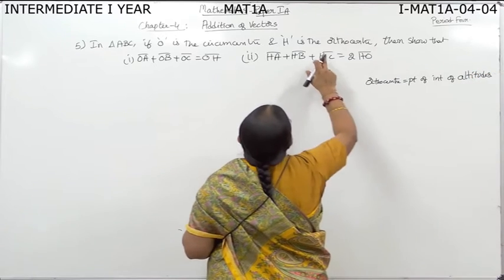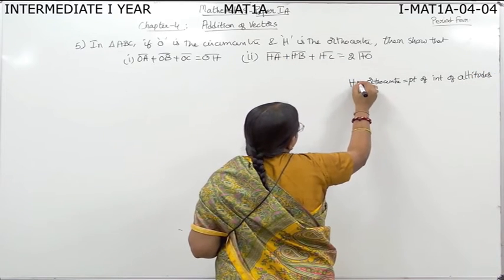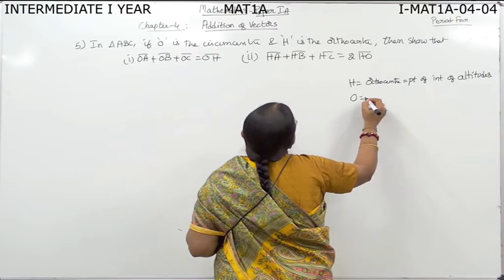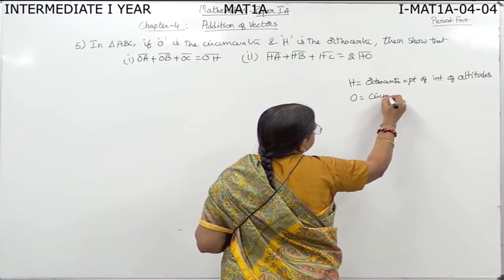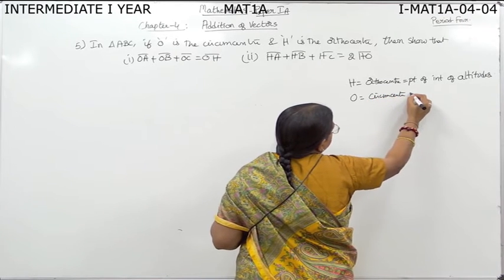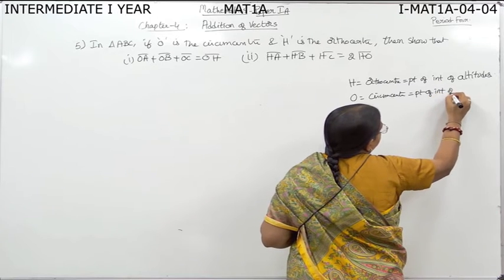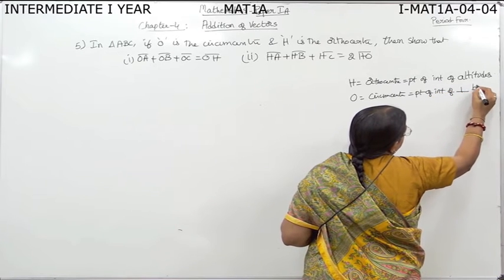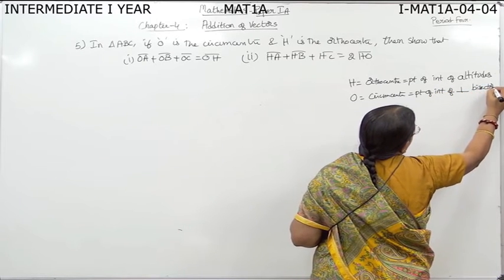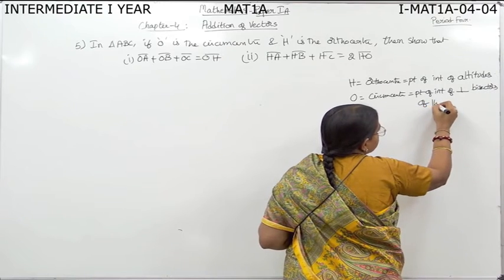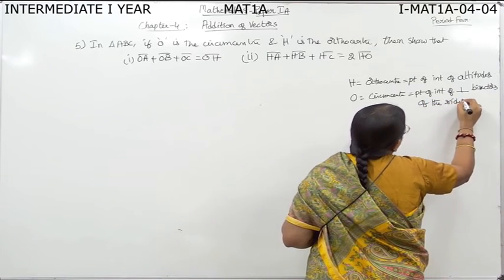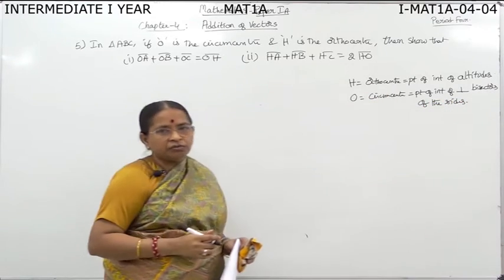So this is orthocenter. Orthocenter is our H, and O is the circumcenter. Circumcenter is the point of intersection of perpendicular bisectors of the sides of the triangle. So these are H and O.